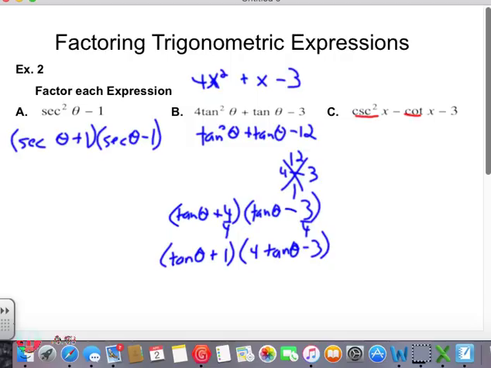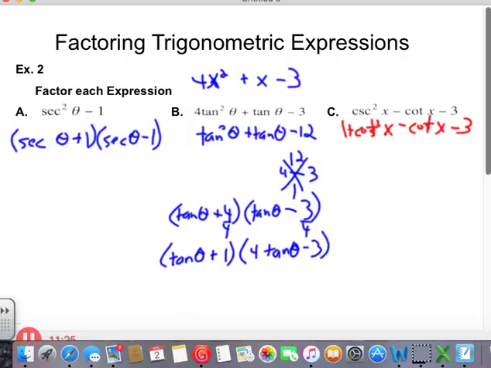We have one of our Pythagorean identities. Cosecant squared is 1 plus cotangent squared. So we can change cosecant squared into 1 plus cotangent squared, and then everything will be in terms of cotangent. So we do 1 plus cotangent squared x, minus cotangent x minus 3.